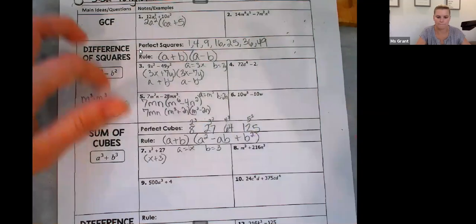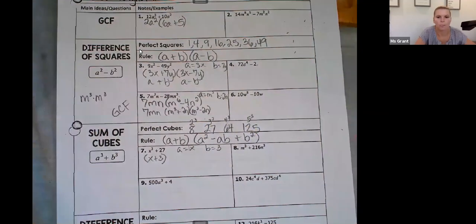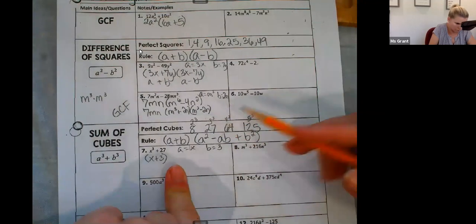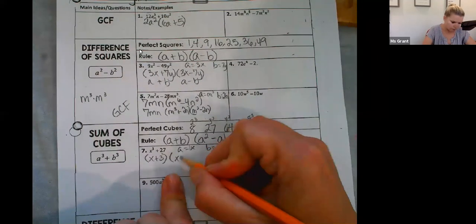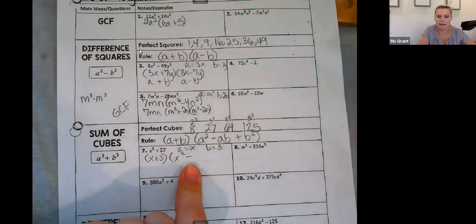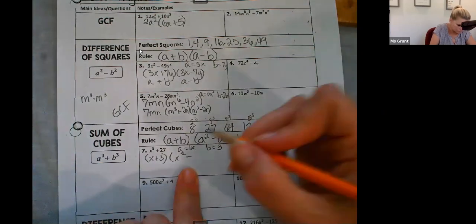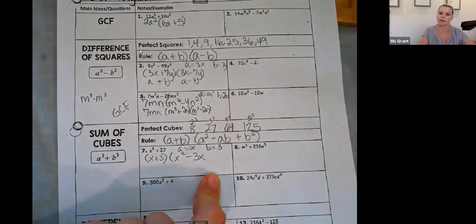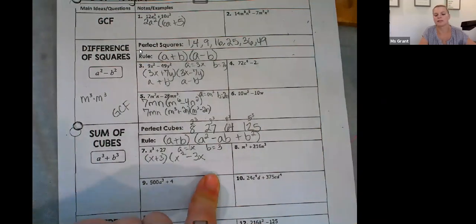Then a squared, x squared, minus a times b, x times 3. I'm going to put 3x. The number goes in front, the coefficient, right? Plus b squared, plus 3 squared, plus 9.